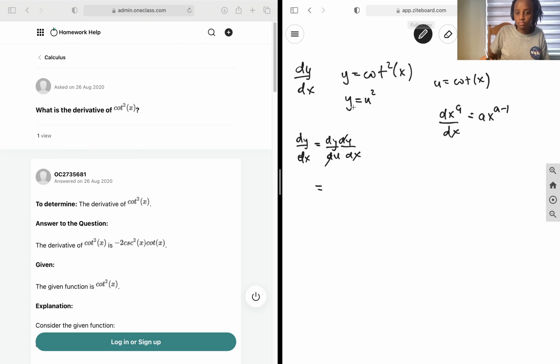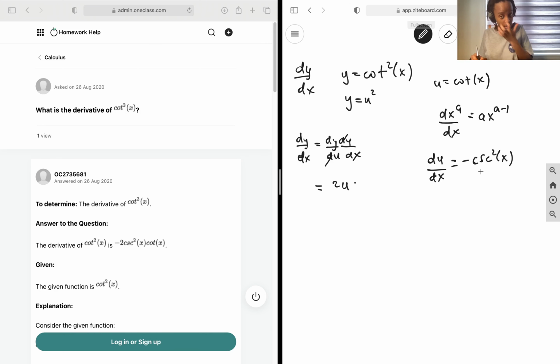So dy over du is of course 2u multiplied by du over dx. And so we know that du over dx, so the derivative of cotangent, is going to give us negative cosecant squared x.